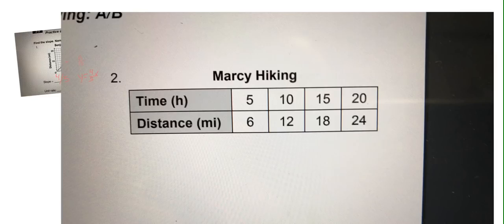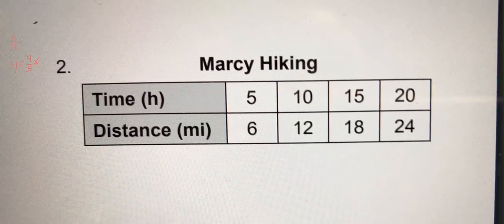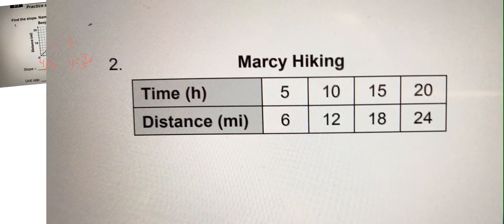Now that we have Benjamin's, let's take a look at Marcy's hike. We can see that she's also going in distance per hours. And her first set of data on the table says she went 5 hours and 6 miles.